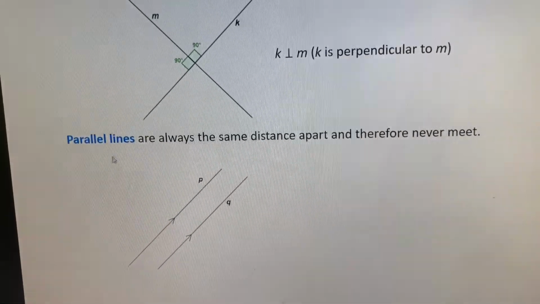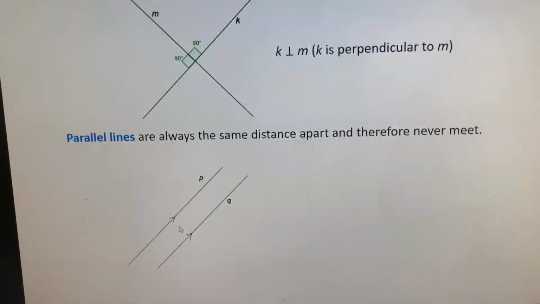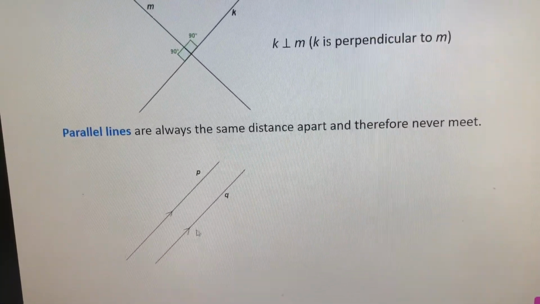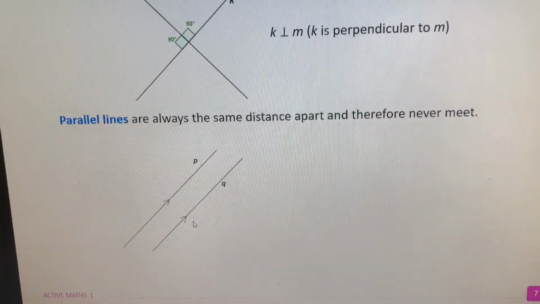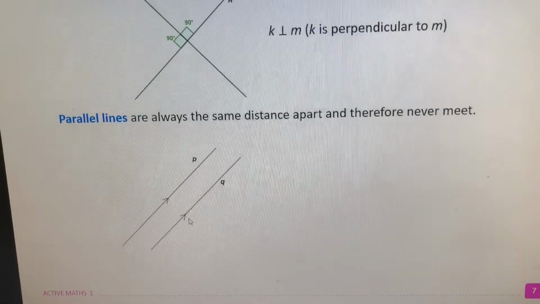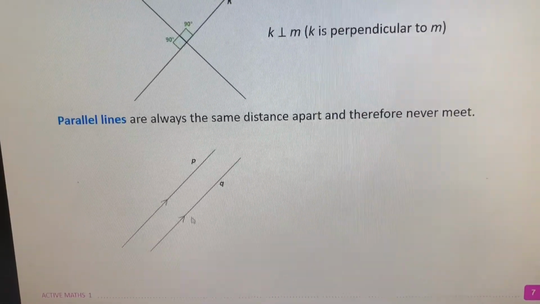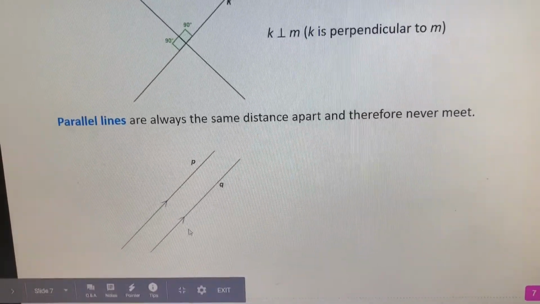So that's what we mean by the two lines being parallel. And if you look at this diagram, we have an arrow on both of these lines. That's how we represent in maths that two lines are parallel, by having the same number of arrows on them.